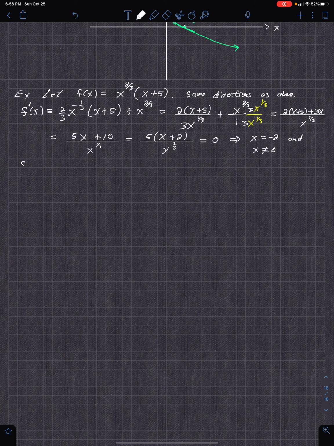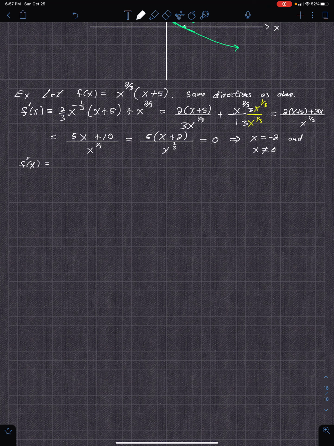Let's go ahead and do f double prime of x. So for f double prime, we go ahead and do the derivative again. You still could just use this form. What did I end up doing? I think I went ahead and used the first form.